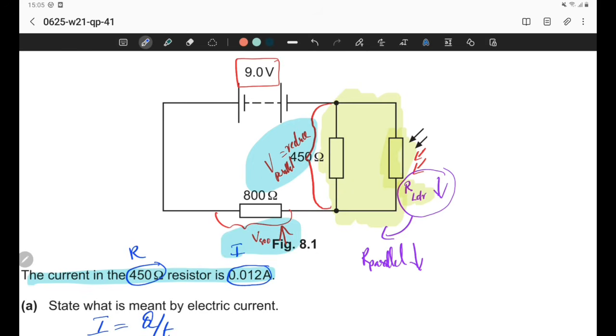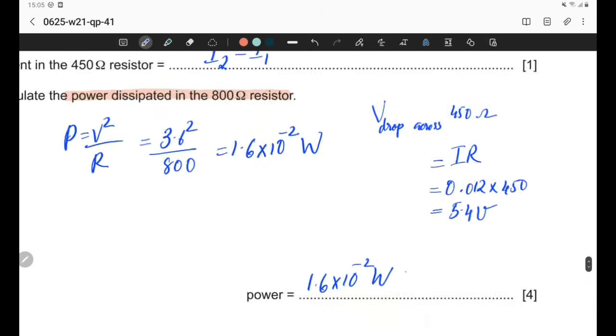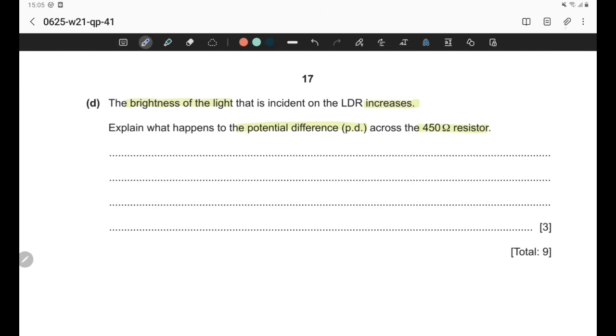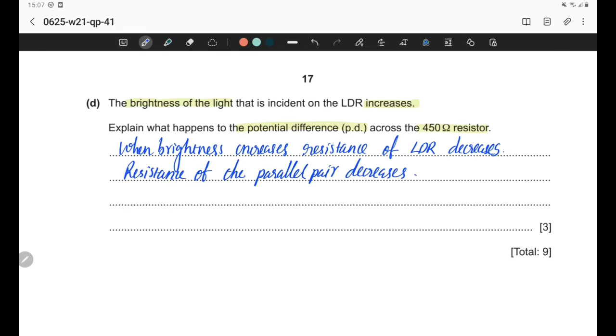So these are the points we can include in order to score 3 marks. When brightness increases, the resistance of the LDR decreases. This is the property of the LDR. Next point we can write: as the resistance of the LDR decreases, the resistance of the parallel combination will reduce. So the resistance of the parallel pair decreases.